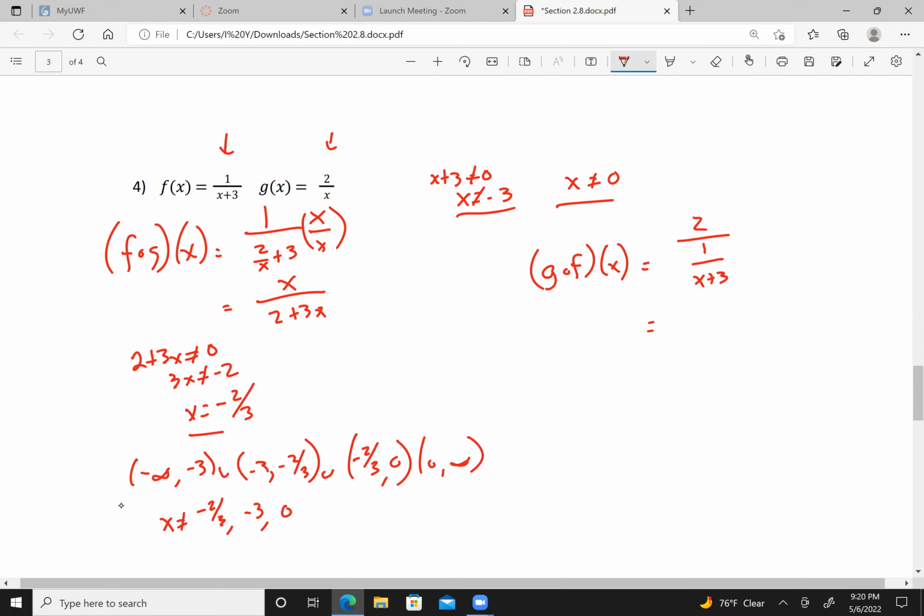We have 2 times x plus 3 over 1, which is simply 2x plus 6. However, we have to concern ourselves with x cannot equal negative 3.